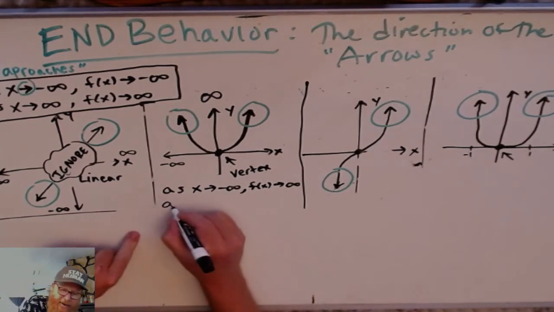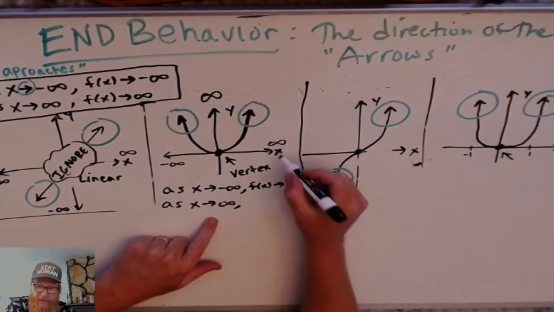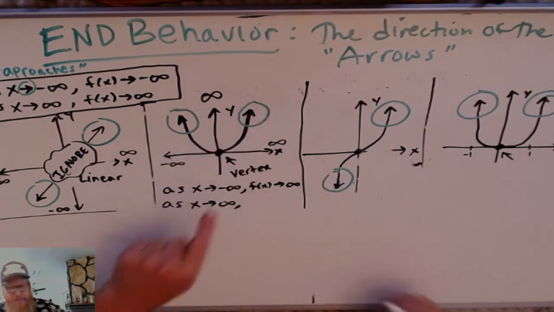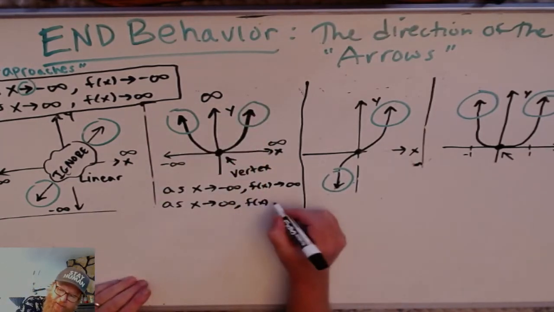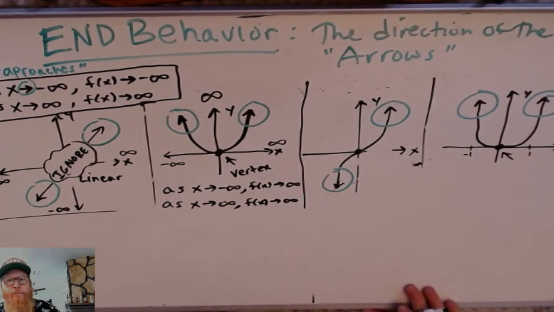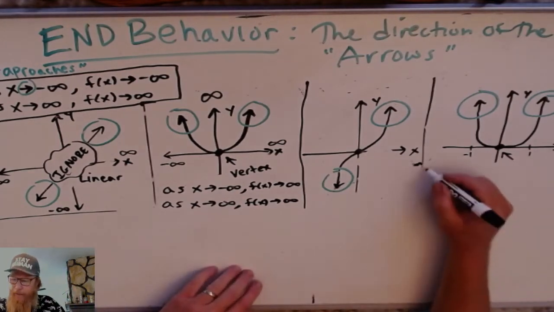For the right end, as x approaches positive infinity, so x is going to the right, well, f of x is still going to positive infinity. Okay. That's the end behavior.